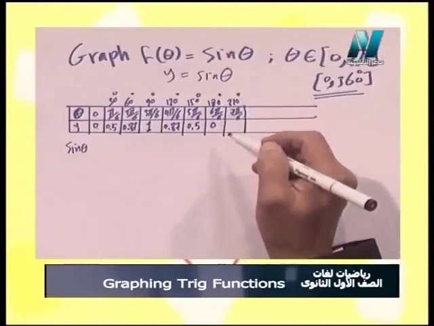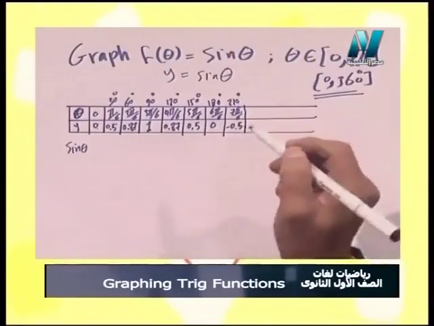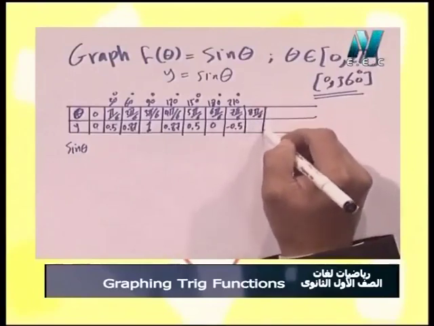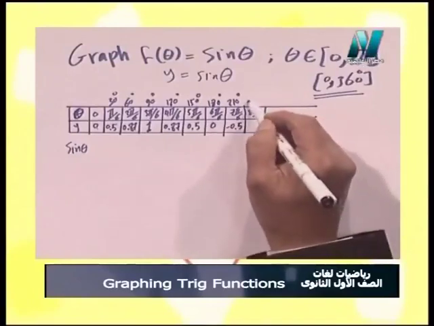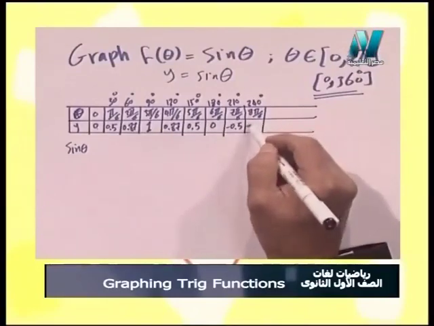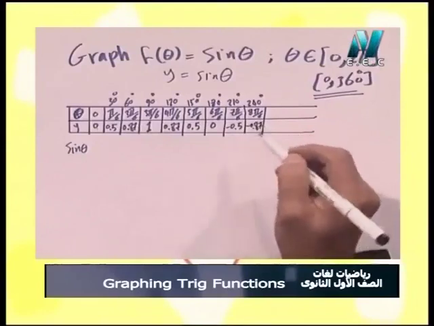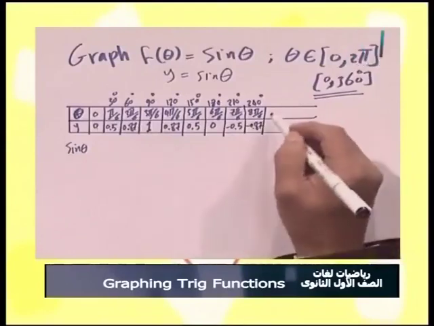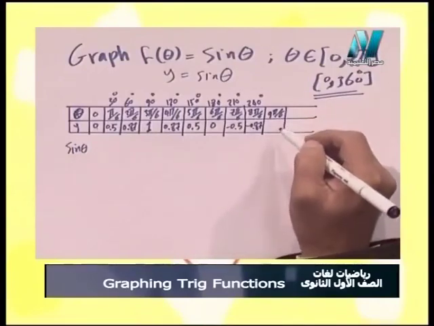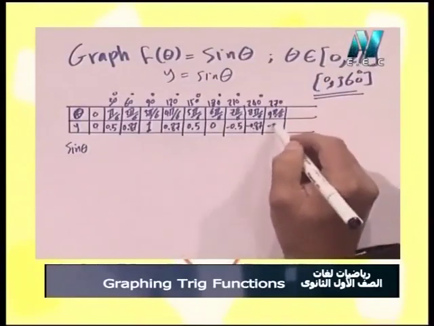Sine 210 will be negative 0.5. 8 pi over 6 will be 240 degrees, and it will be negative 0.87. 9 pi over 6, which is 270 degrees, will be negative 1.